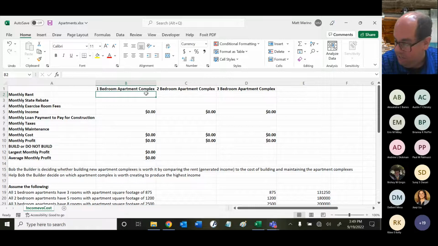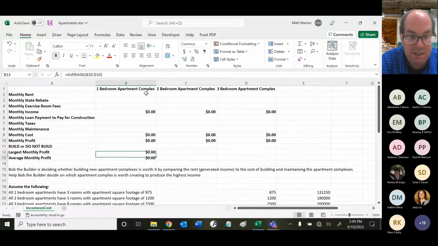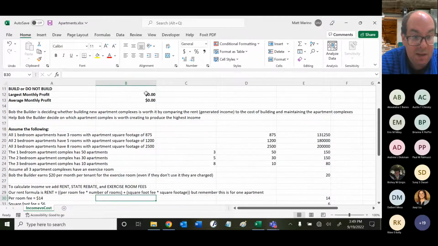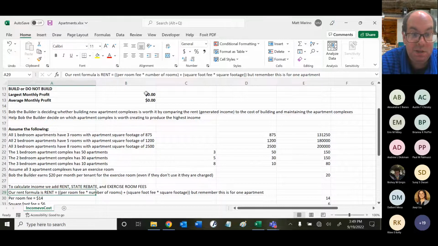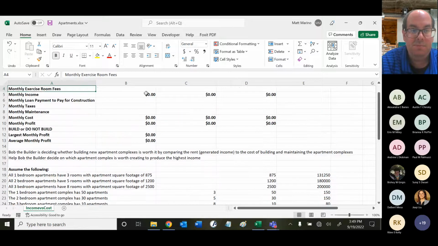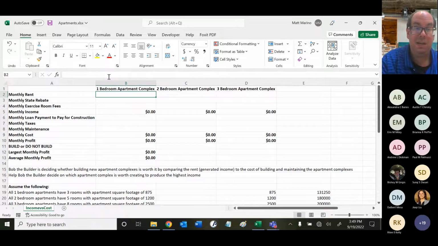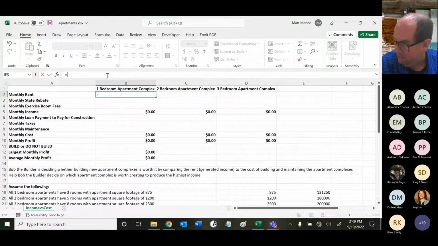So to calculate monthly rent, we're given a formula down here that you could read through. I'm just going to put the formula in so we get done in a reasonable amount of time today.